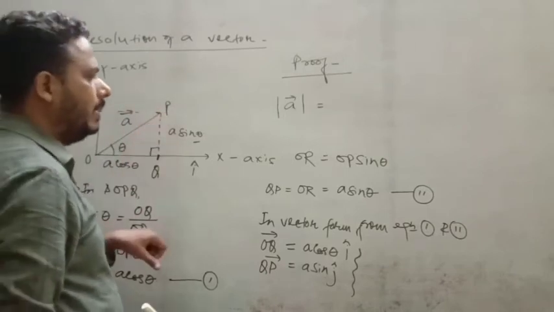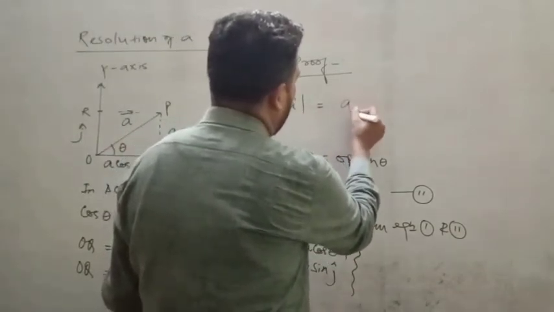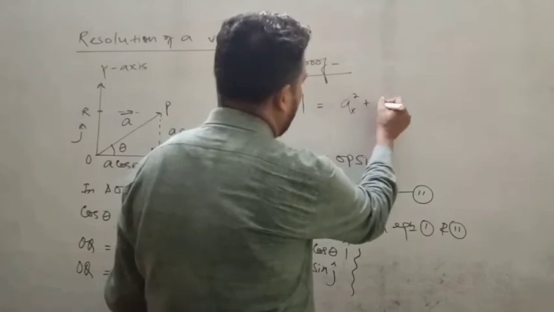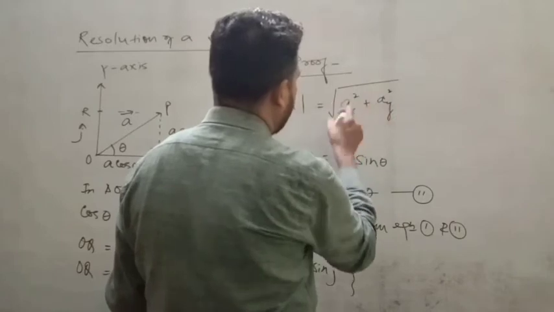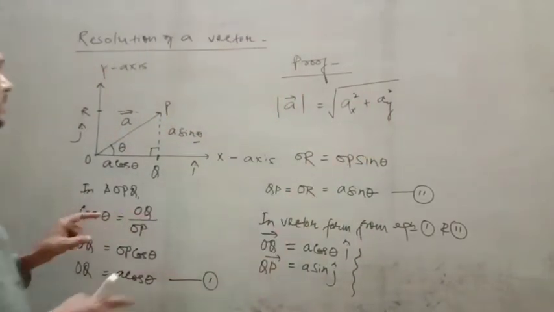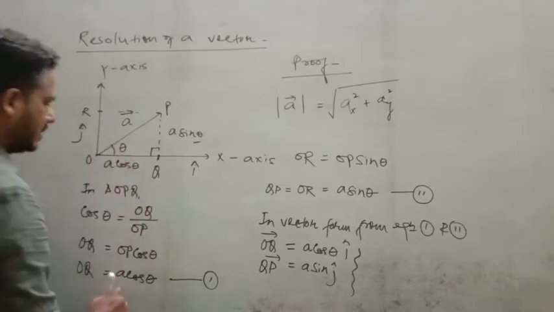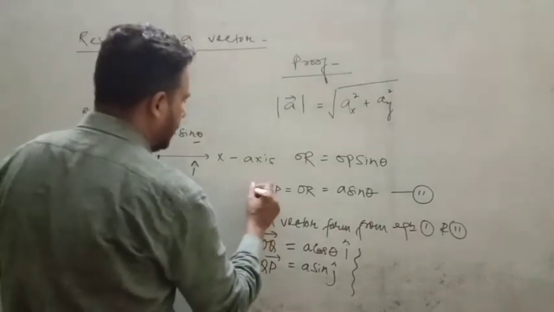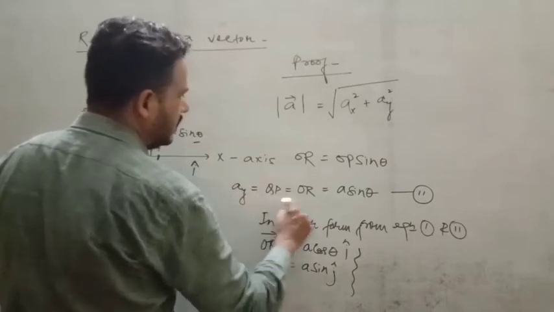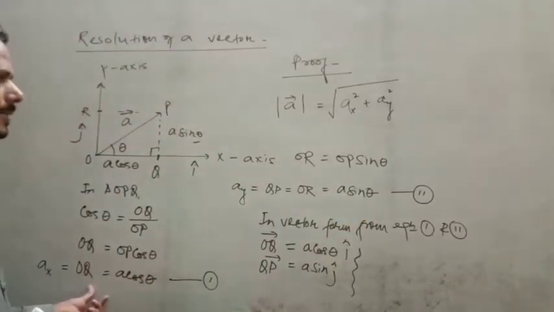Okay, so simply what you have to take is that this one is root of ax square plus ay square. Why is this called ax square? Because the projection of A along the x axis is called ax. So you can represent this one like ax, and you can represent this one like ay, because this component is along the y axis and this one is along the x axis.